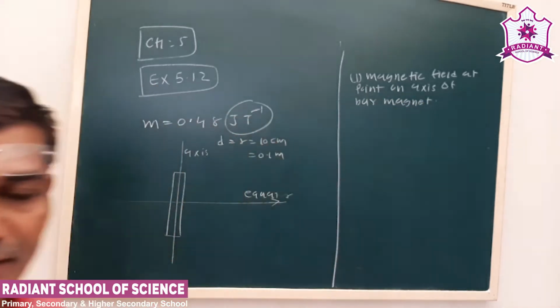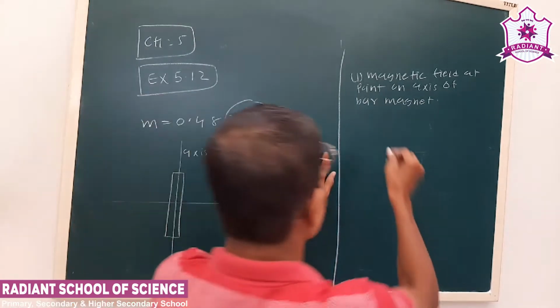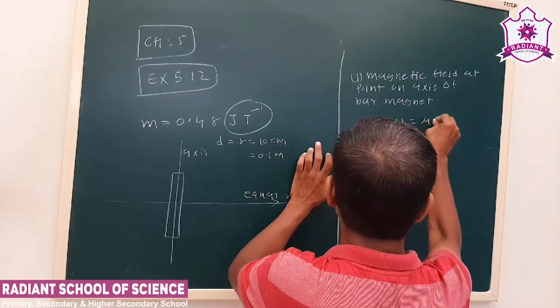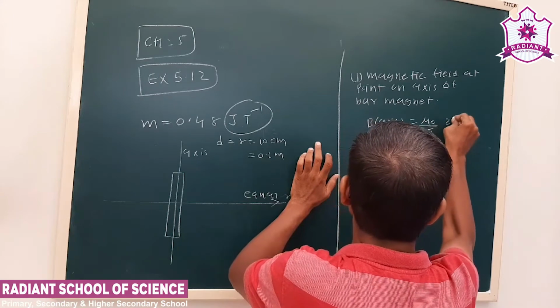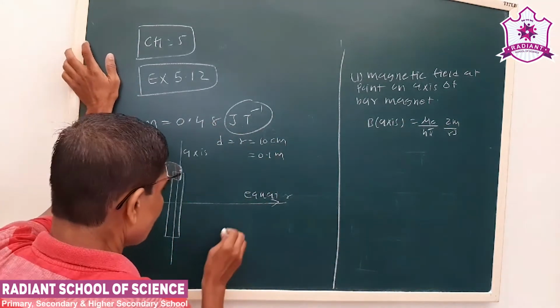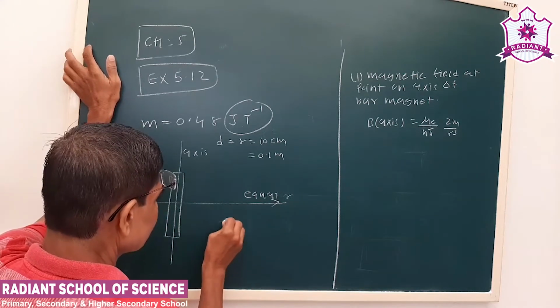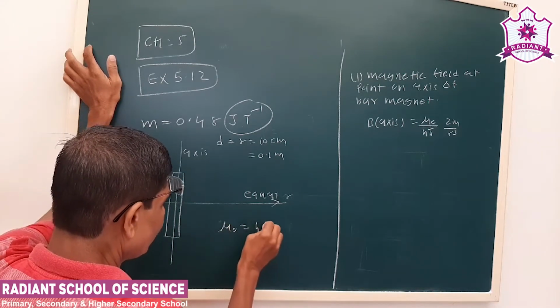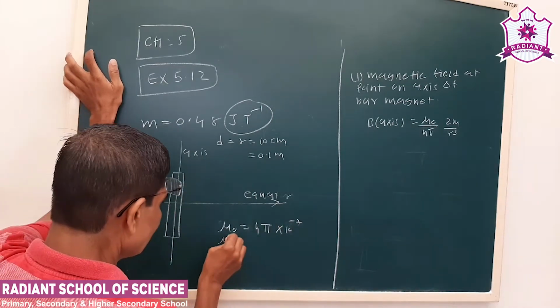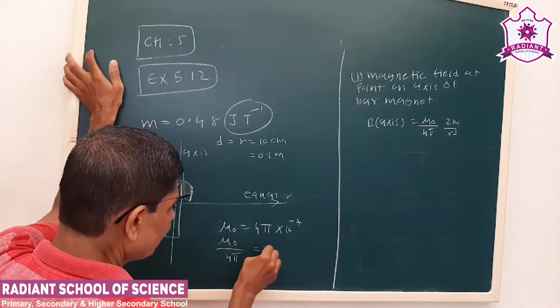Okay, now we know that, see the equation, B axis is mu 0 upon 4 pi times 2M upon r cubed. Now we know that mu 0 is 4 pi into 10 to the minus 7 MKS unit. So mu 0 upon 4 pi will be 10 to the minus 7.